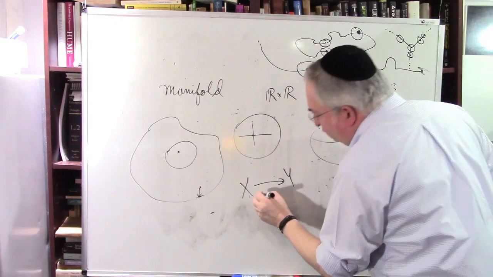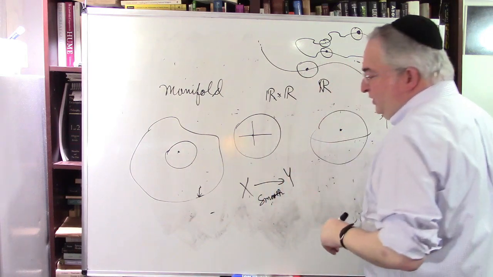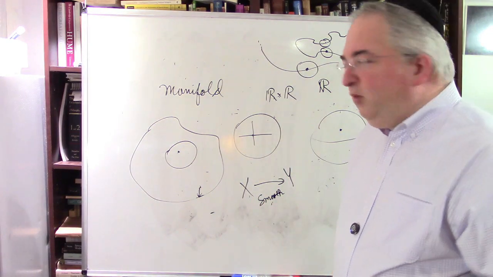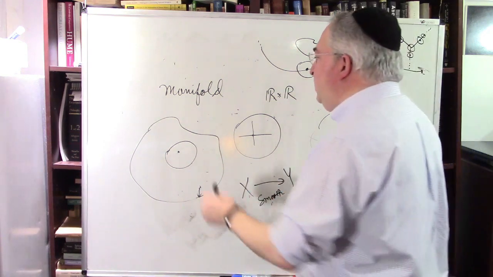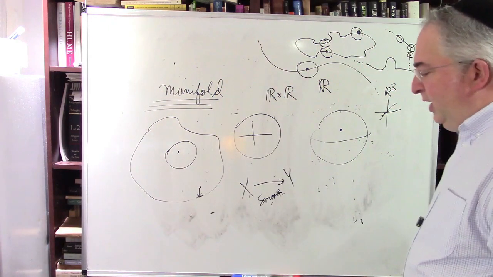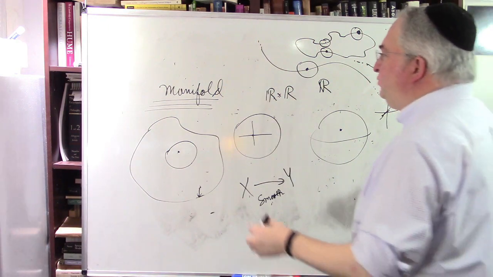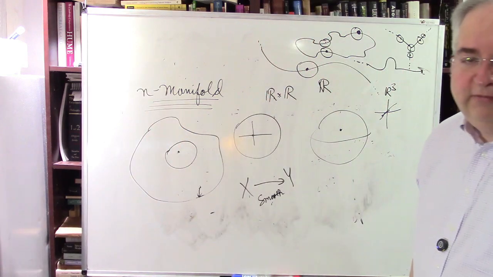Such maps are usually called smooth maps. Again, it doesn't pay to get into the details. The main point is that smooth maps compose, they're associative, they have identities, so we have the category of manifolds. But we could talk about special types of manifolds. We could talk about n-manifolds, which are n-dimensional manifolds.